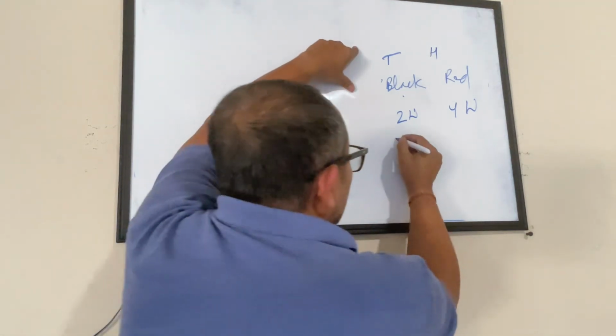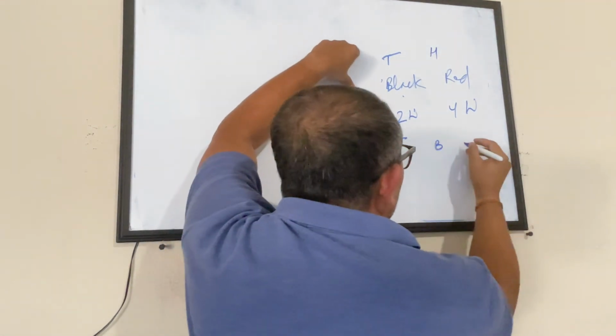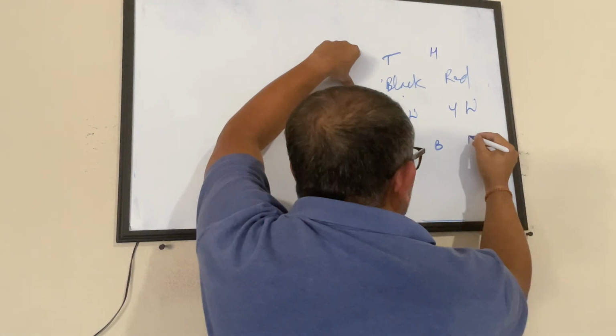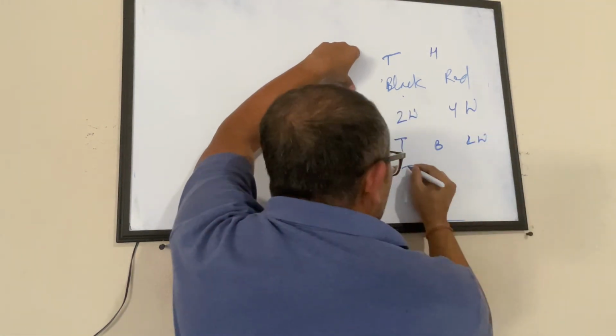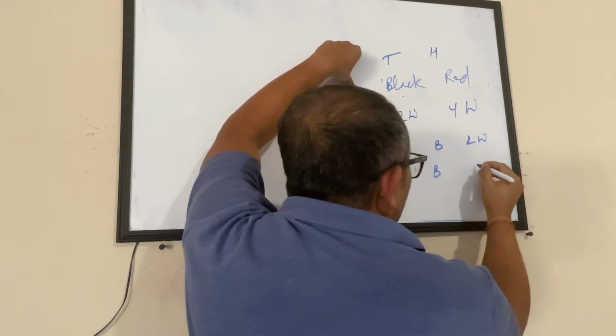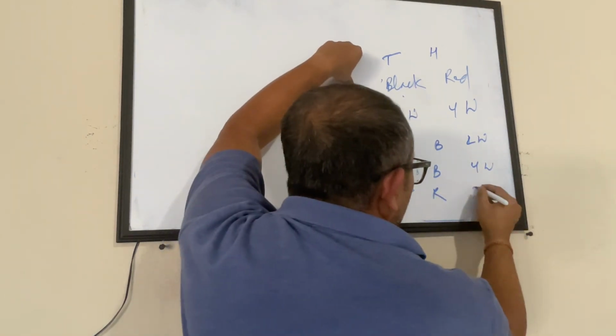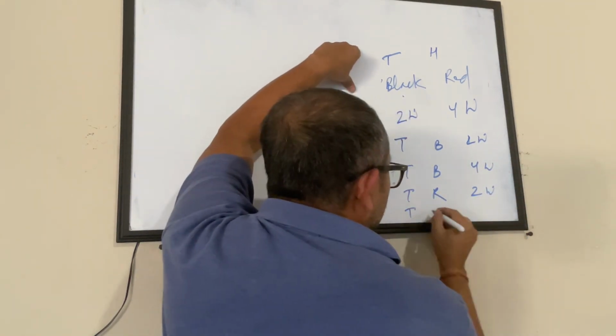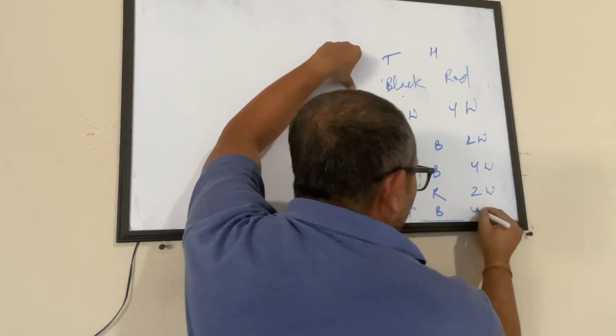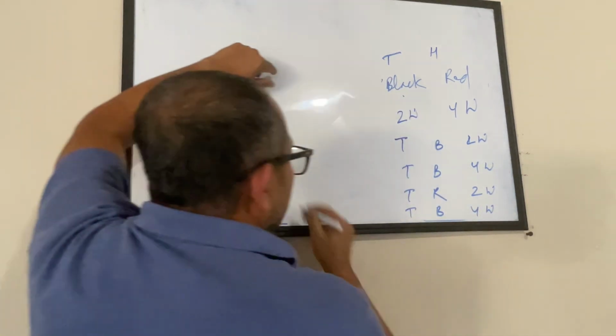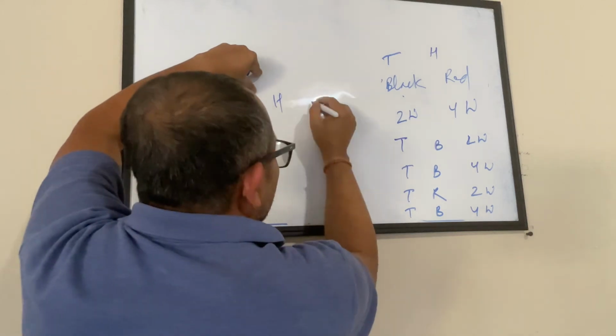You can choose Toyota black and 2-wheel. You can buy Toyota black 4-wheel. You can buy Toyota red 2-wheel. Or you can buy Honda black.